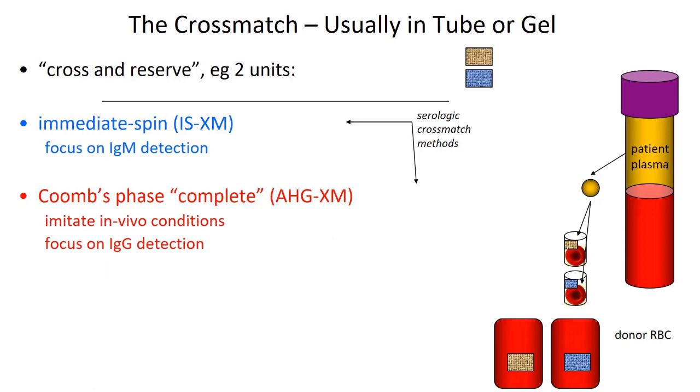You put your gloves on and you're working with test tubes or microtubes to do this work. That's in contrast with electronic cross-matching, which is inferential. It's using the information you had on your screen, and you are eligible for this only if you are screen negative.